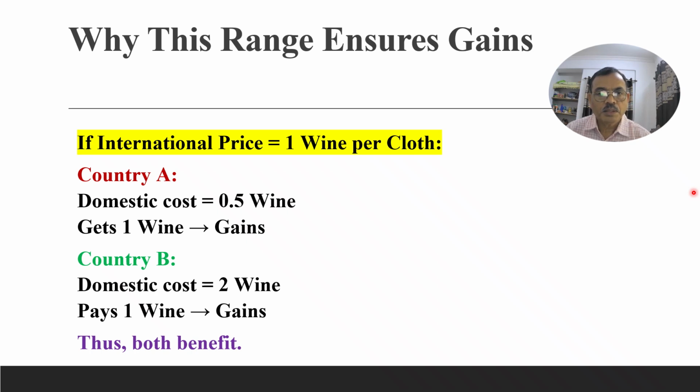Similarly, country B also gains from trade. In country B, domestically 1 cloth costs 2 wine.